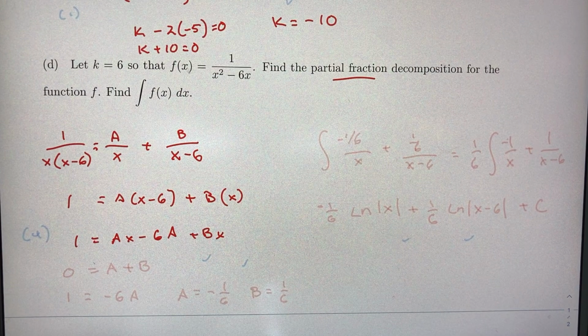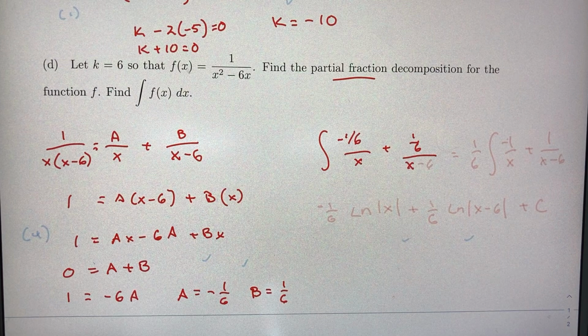And after all, you've done partial fractions a lot. Okay, how do you get two equations out of this if you just have a 1 on the left side? Don't forget it's 0x, so 0 equals ax plus bx. That means A and B are opposites, incidentally. Okay, and B. So we're going to integrate -1/6 over x and +1/6 over x minus 6.